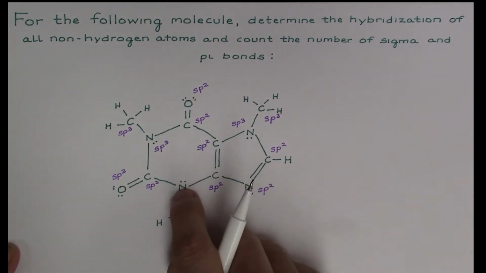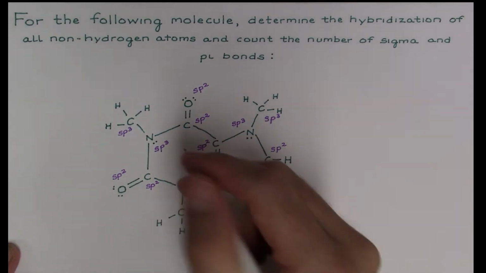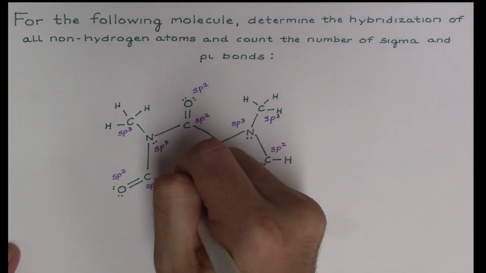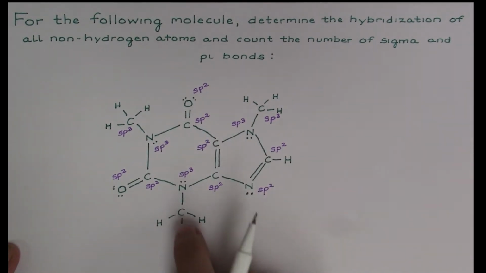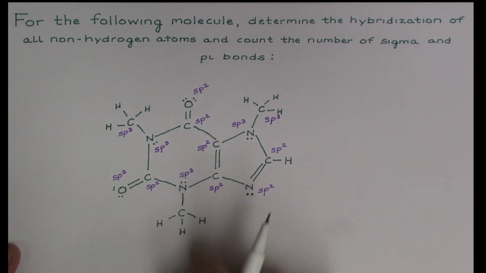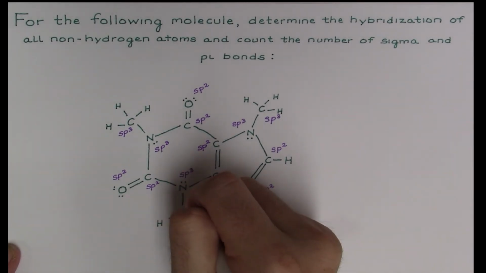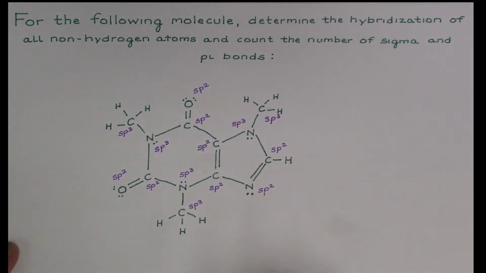Our final nitrogen has 4 attachments, 3 single bonds and a lone pair. This is going to make this sp3 hybridized. And finally, our last carbon has 4 attachments, making this tetrahedral, sp3 hybridized with a bond angle of 109.5 degrees.